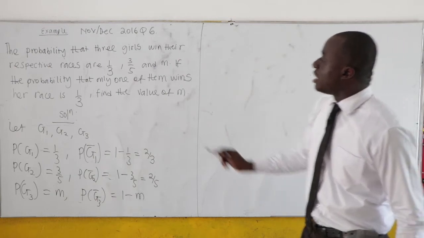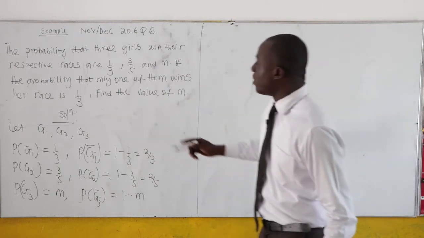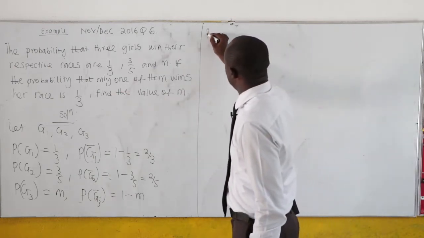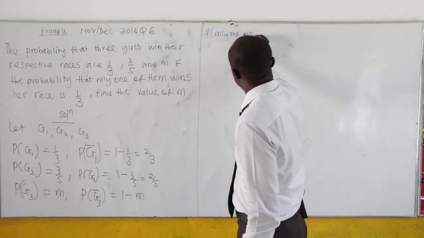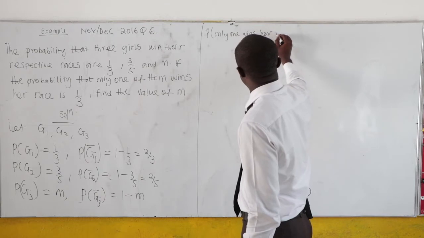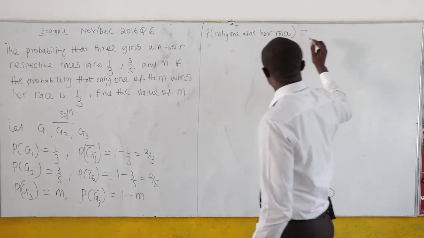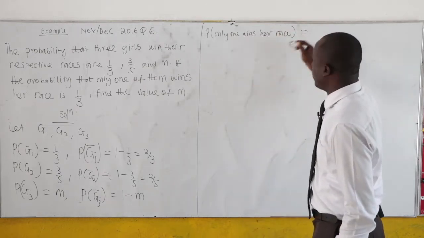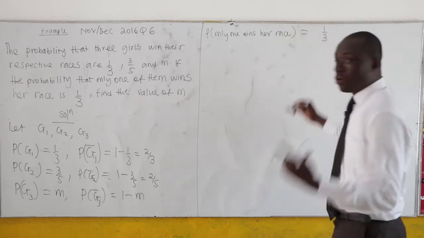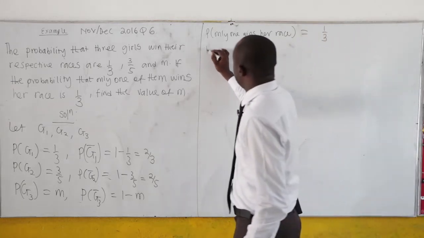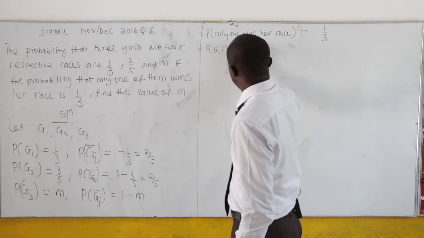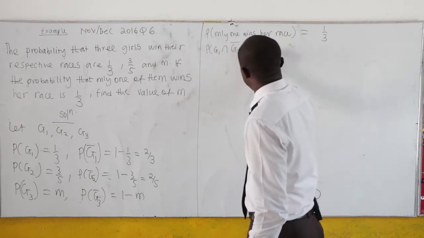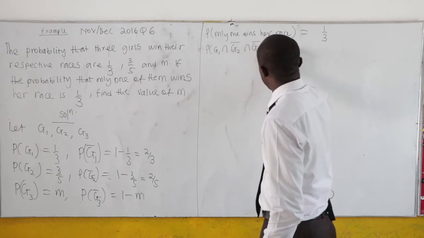We are given that the probability that only one of them wins her race is equal to 1 over 3. Now, only one. So it means that if the first person wins, the second person will not win, and the third person will not win.